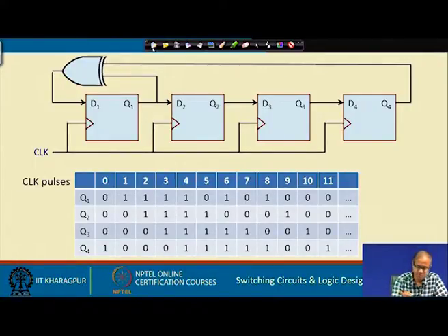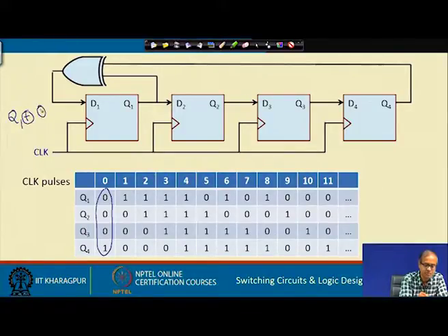In the example that I have shown here, I have shown the clock pulses. 0 means this is the initial state. I am assuming initially Q4 is 1 and the other 3 are zeros. Now, if we look at the way we have connected, D1 is nothing but Q1 exclusive OR Q4.